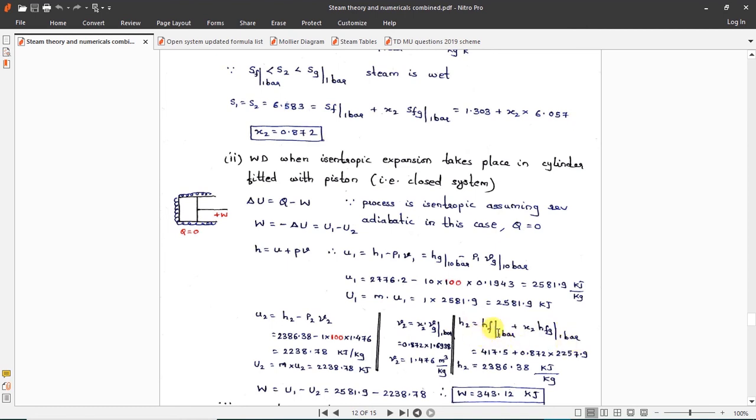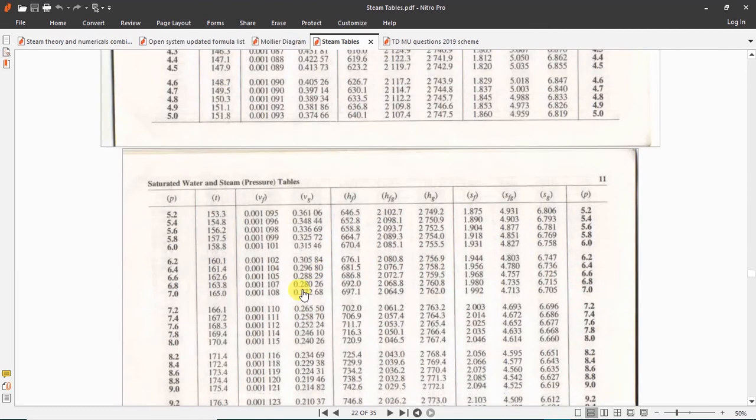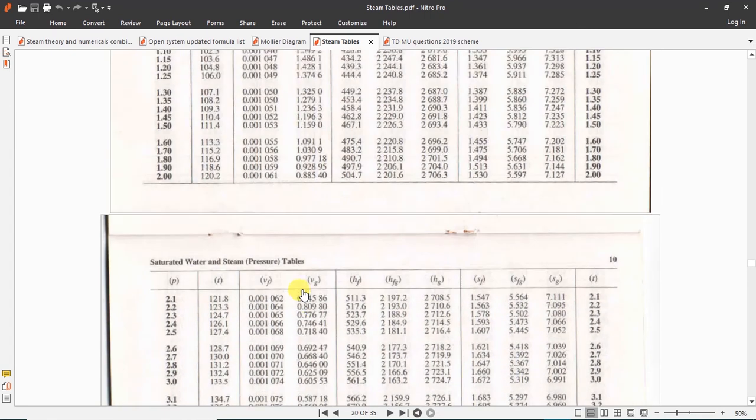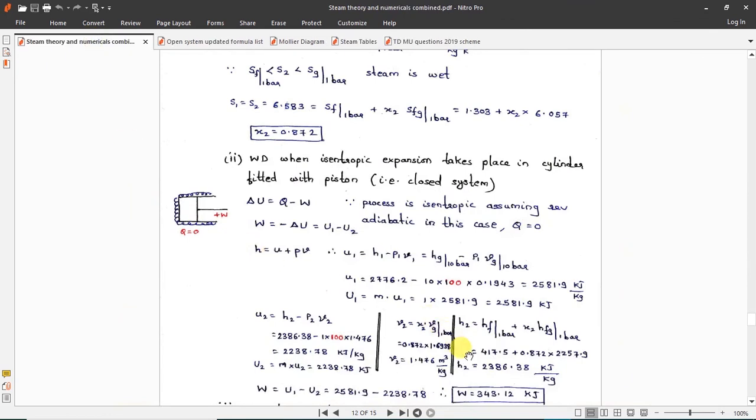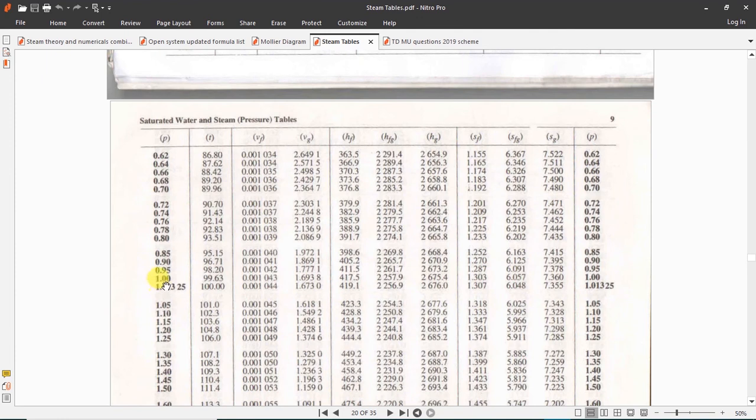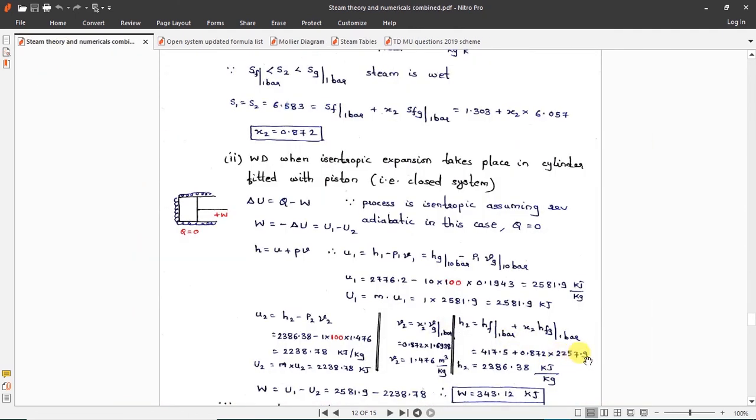What is hf at 1 bar? 417.5. So 417.5 plus the x2 value we calculated, 0.872, into hfg at 1 bar. What is the value of hfg at 1 bar? It is 2257.9. So you will get the H2 value.